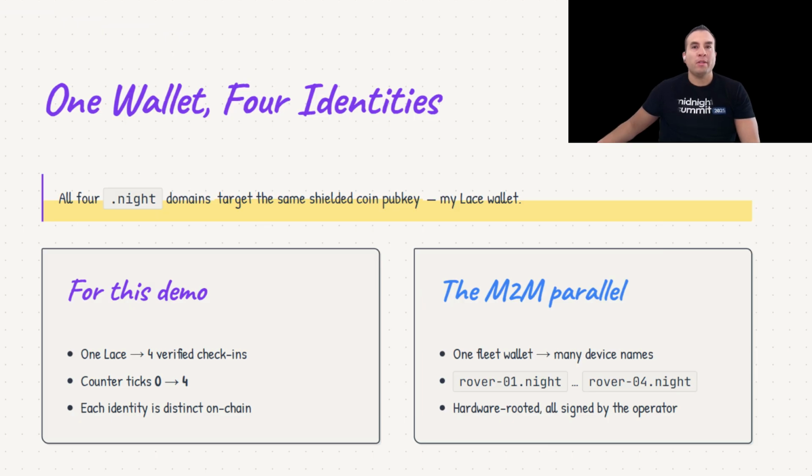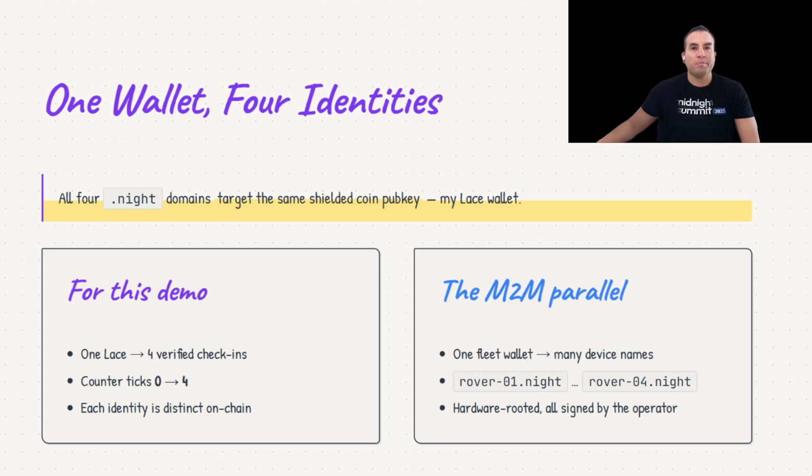Four of my .night domains use the same Lace wallet account. That simplicity is chosen for this demo, but it has a direct machine-to-machine parallel. On the left, for this demo, one wallet signs 4 check-ins. The counter goes from 0 to 4. On the right, the machine-to-machine parallel is a fleet operator hardware wallet controlling many devices' identities: Rover 1.9 through Rover 4.9, all signed by the fleet's hardware key.